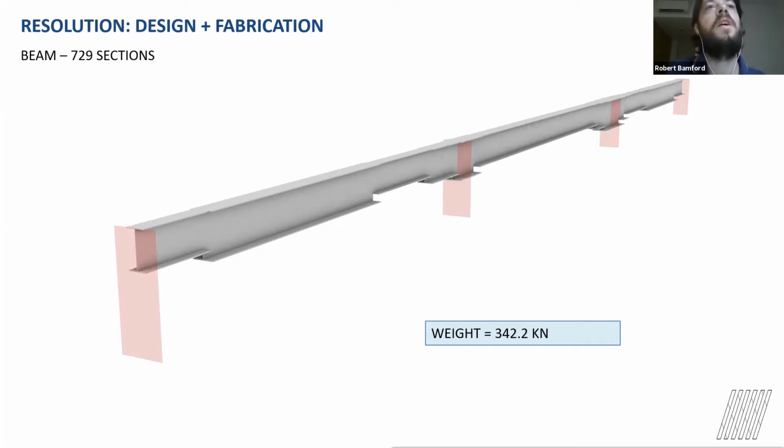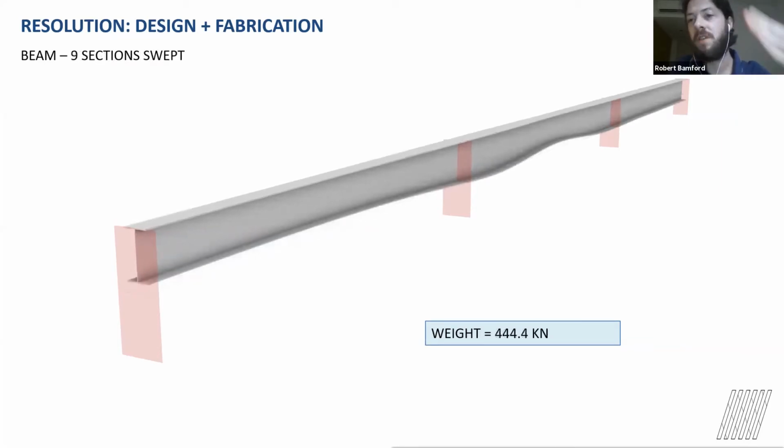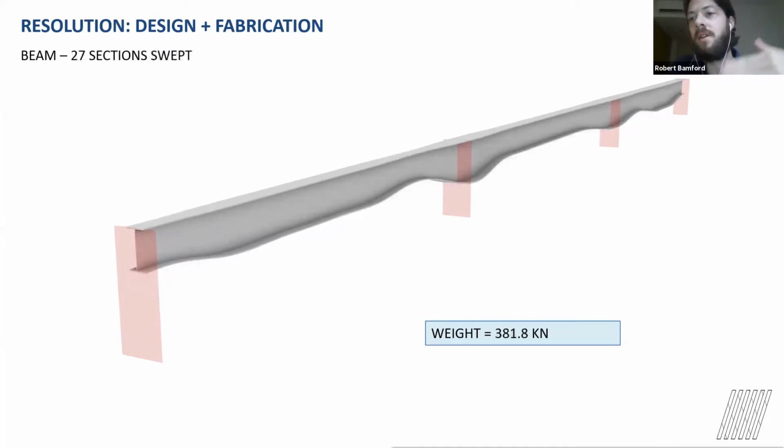So this is now segmented into 729 sections, and we find this zone where we can't improve beyond about 340 kilonewtons. Now, this obviously introduces some fabrication problems, and there are various ways of dealing with these.